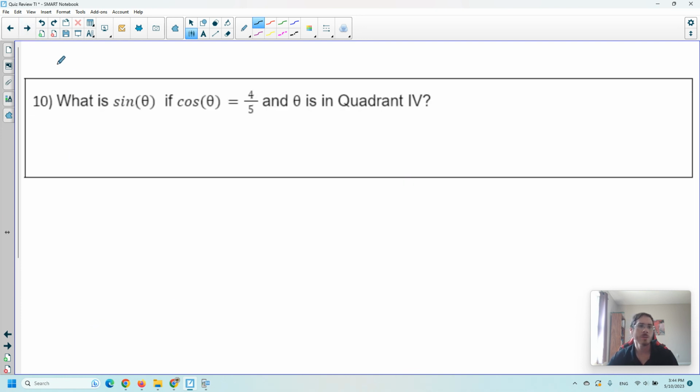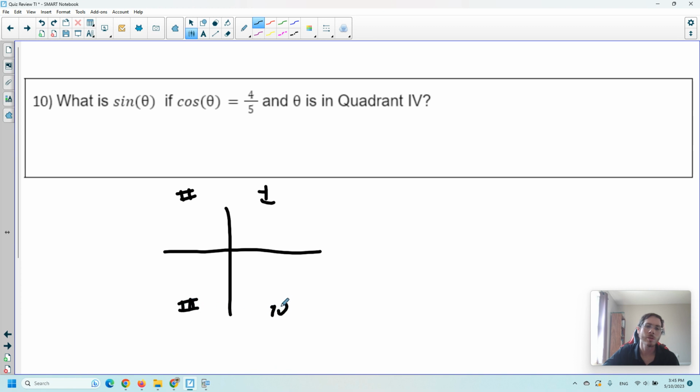All right, for 10, what's sine of theta if cosine of theta equals 4/5 and theta is in quadrant 4? So we're going to put theta in quadrant 4. We've got 1, 2, 3, 4. So we know we're down here.